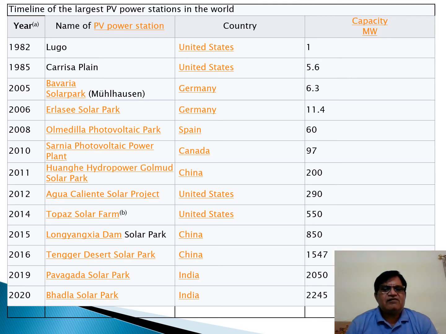Then in the year 2019 and 2020, India is at the top, and in that too you will wonder to know, in India also earlier Gujarat was the leading state in the production of the solar power, but from last 4 to 5 years Rajasthan is the leading state where the solar power is produced.